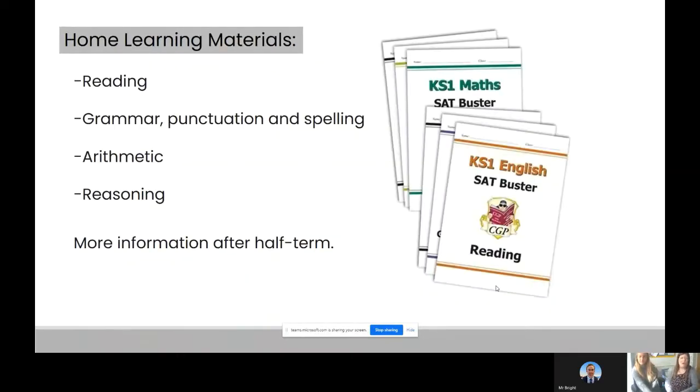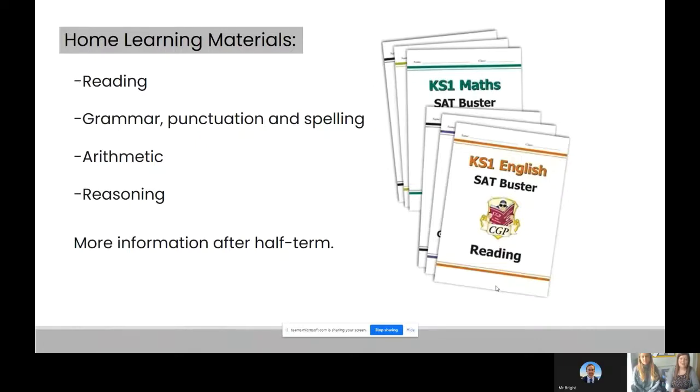So for home learning, we are currently sending out homework on Teams. And it's a maths weekly homework. From next week, we are going to be introducing some home learning materials. Now, as a school, we have bought some Key Stage 1 SATs comprehension books, and we're going to be sending home the English reading book and also the maths arithmetic book.